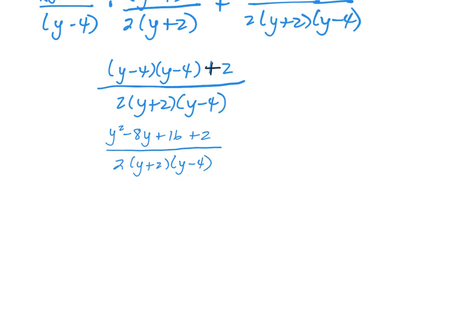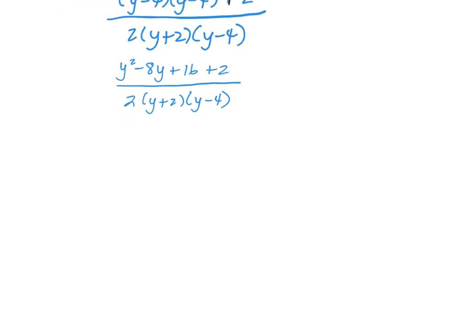I can combine the 16 and the 2 to get y squared minus 8y plus 18 over 2 times y plus 2, y minus 4. Okay, can I factor the numerator? I can't. That is prime. So nothing does cancel. This is reduced.